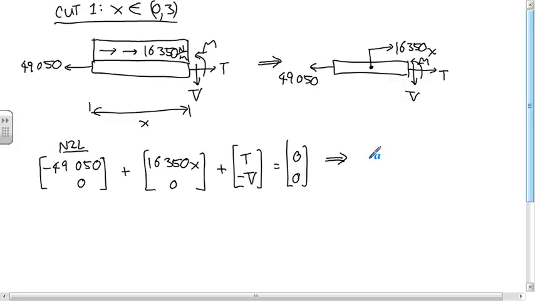That tells us that the tension is equal to 49,050 minus 16,350 x. The shear force is 0.